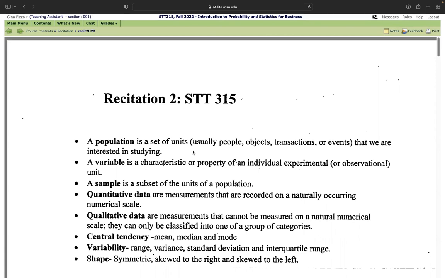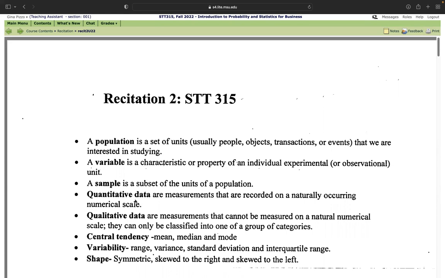A sample is a subset of the units in a population. So if our population is all the females in the US, an example of a sample would be if we randomly selected 3 females from each state.